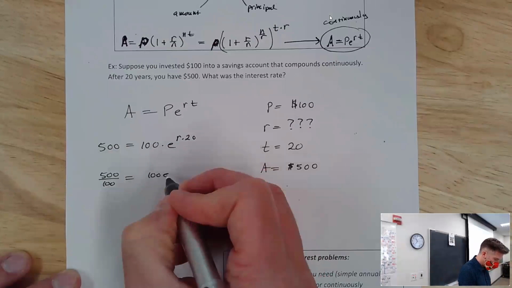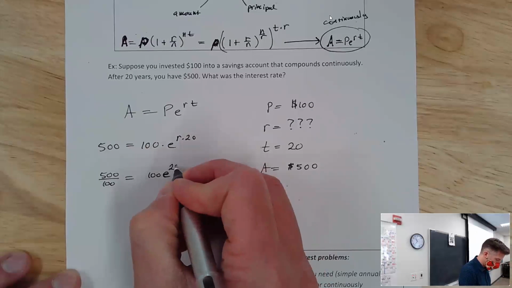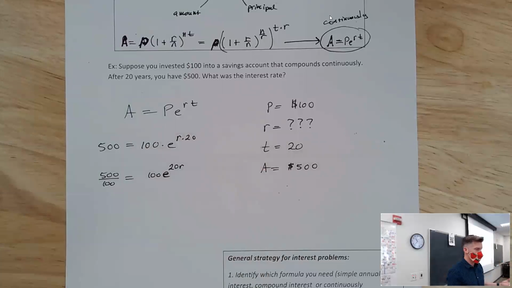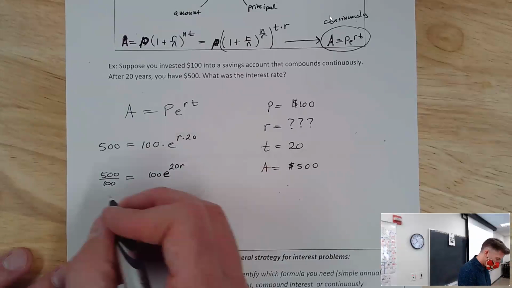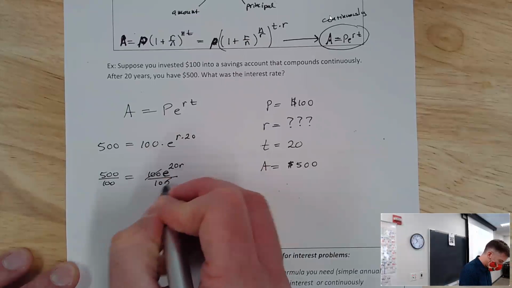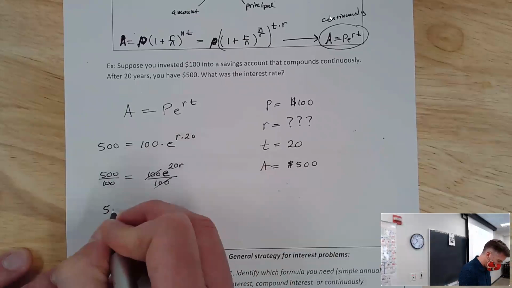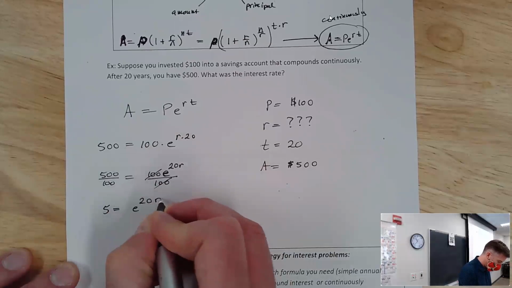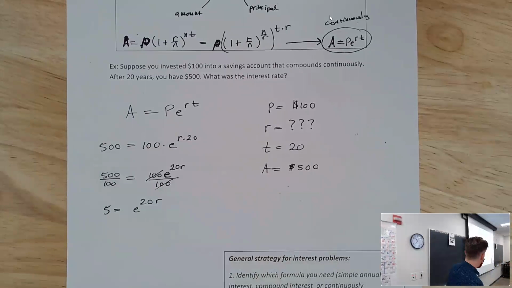I usually rewrite r times 20 as 20r. Not necessary, but pretty typical. The 100s cancel, 500 over 100 is 5, e to the 20r. And now what should I do?